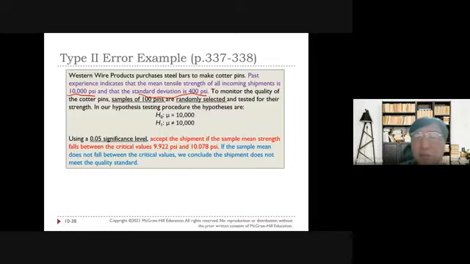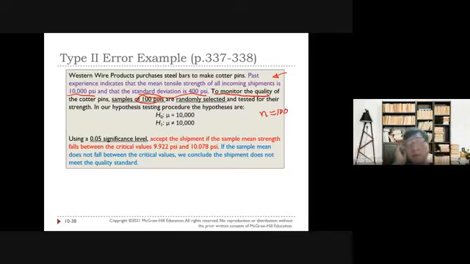After we order, the materials and parts arrive, and we will test them. Such a method is acceptance sampling, where we decide whether to accept or not. To monitor the quality of the cotter pins, we take a sample of 100 pins, so n is 100.